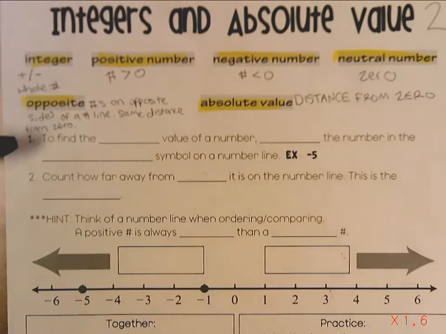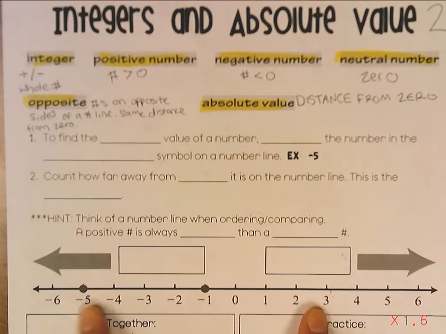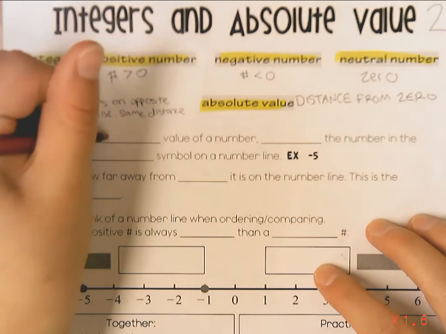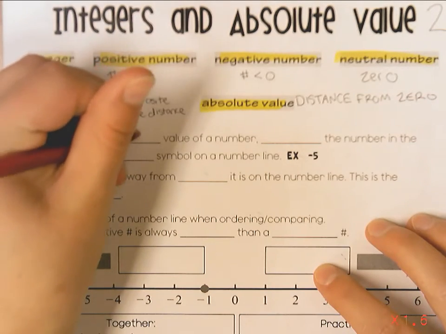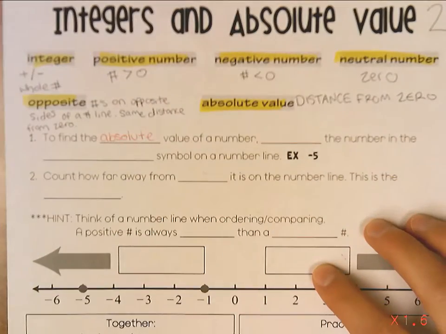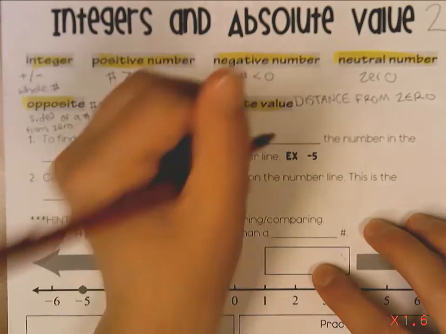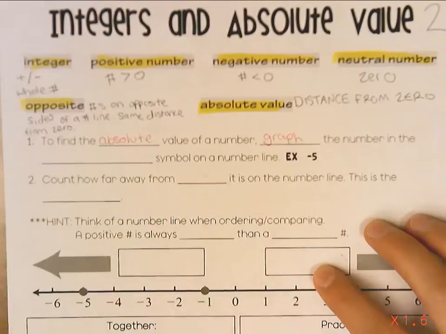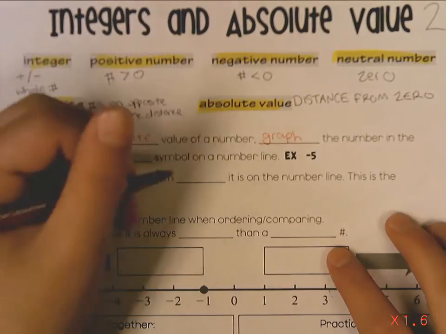Alright, so now as we go through these steps, I'm going to be working out one of the problems down here so you can actually see it. So for example, down here we have some steps. Step 1 says to find the absolute value of a number, you graph the number.